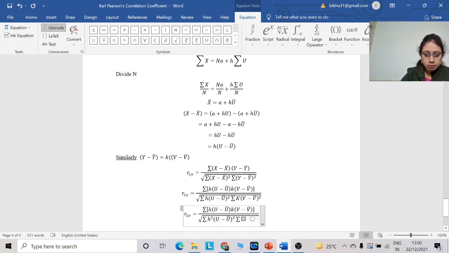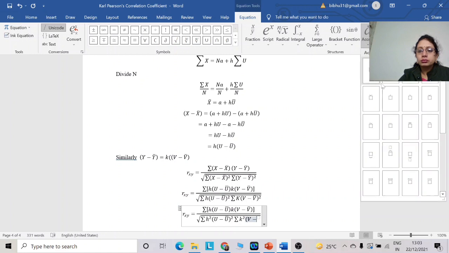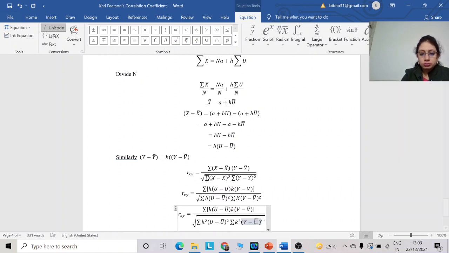and summation v minus v bar whole square. Okay, now here you just multiply the hk. Okay, the constant you multiply, so rewrite this one.